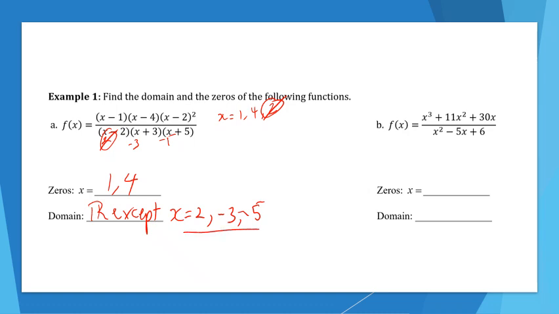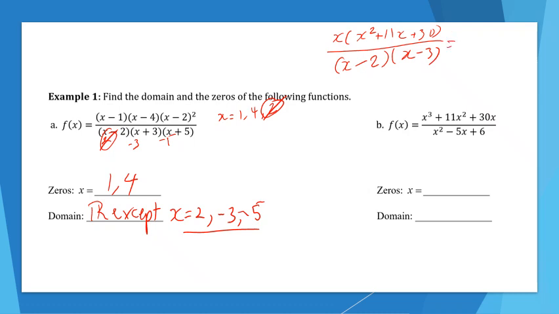Now looking at B, we actually want to factor this equation and get it in factored form before we even touch it, trying to find zeros and domains. So if we factor the top, you should get x, factoring an x from all three terms, times x squared plus 11x plus 30, all over, and then we can factor the bottom as well: x, let's see, x minus 2, x minus 3.